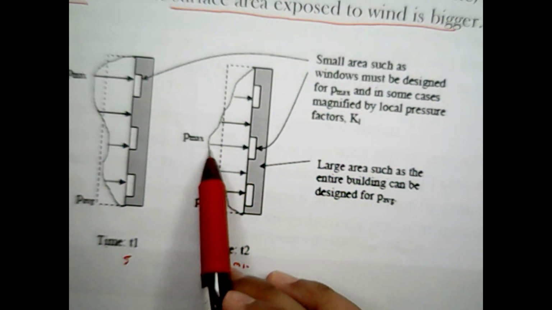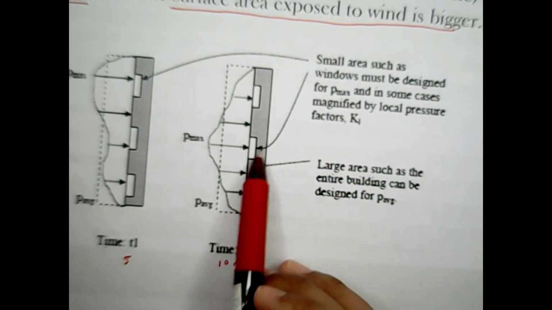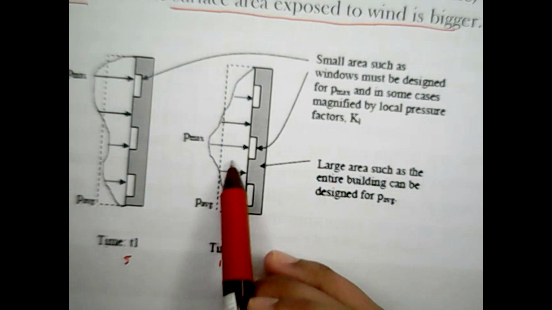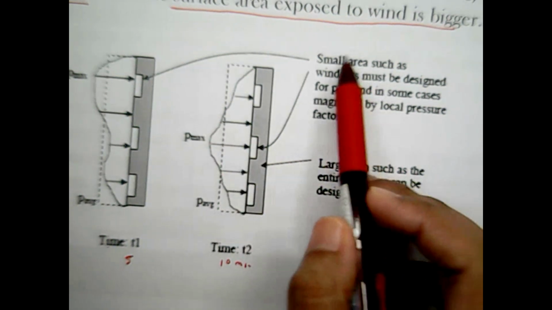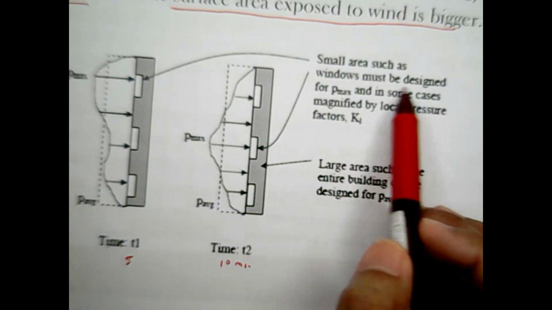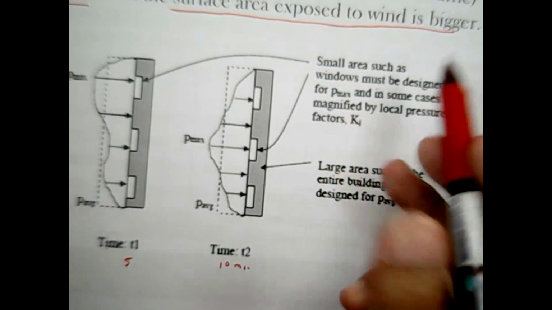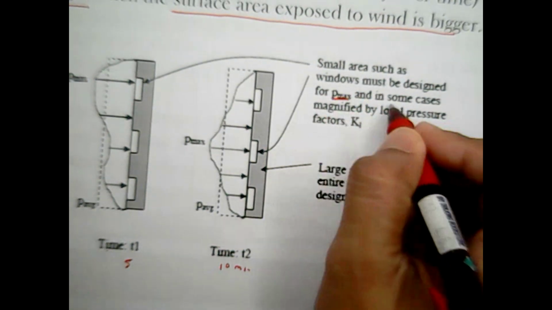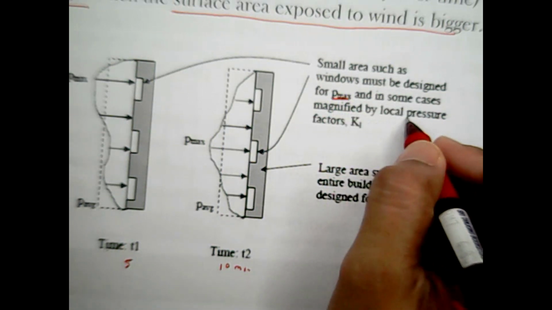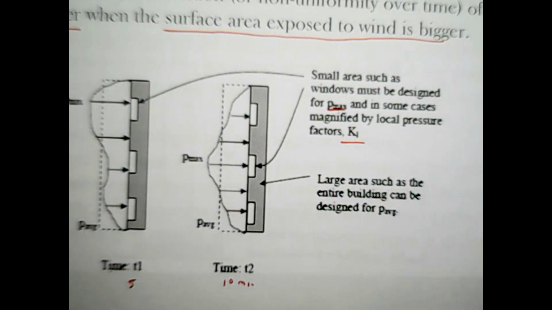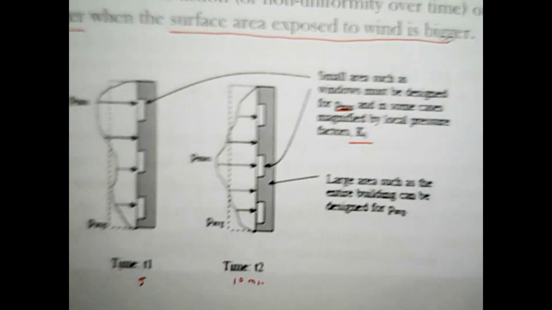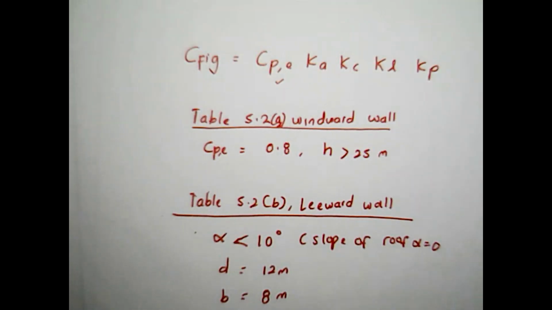But for the small area, the pressure will increase. So small areas such as windows must be designed for P max, because it will increase, and in some cases be magnified by local pressure, what we call the K local. All right, so that is what the KA means.